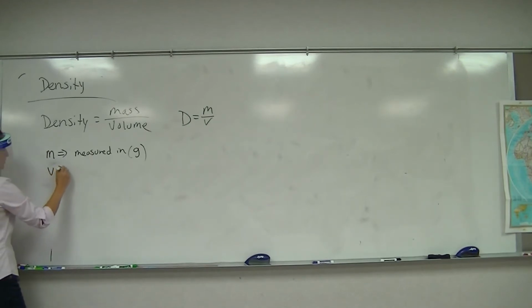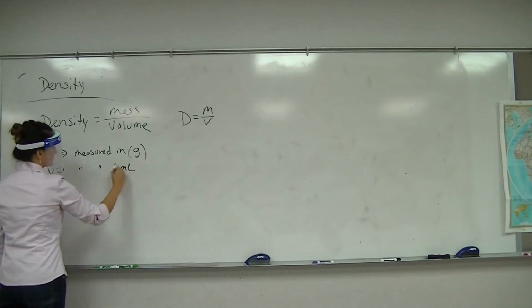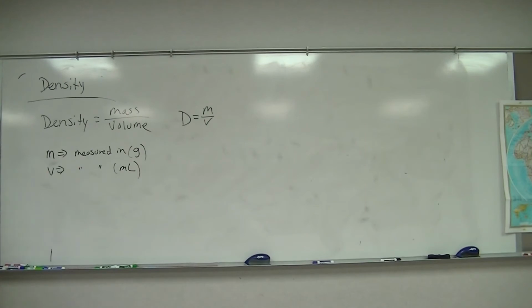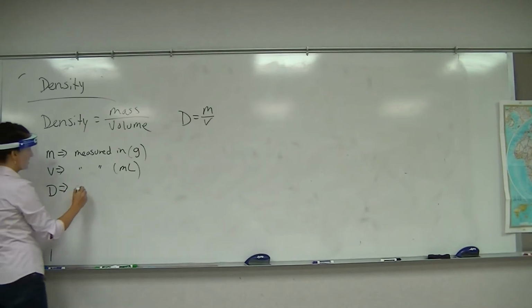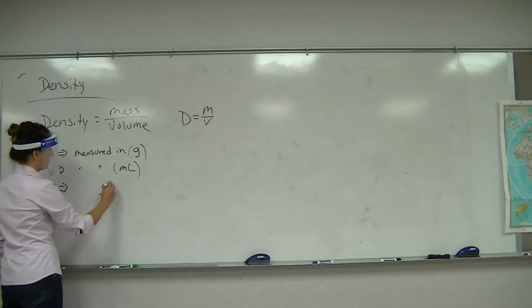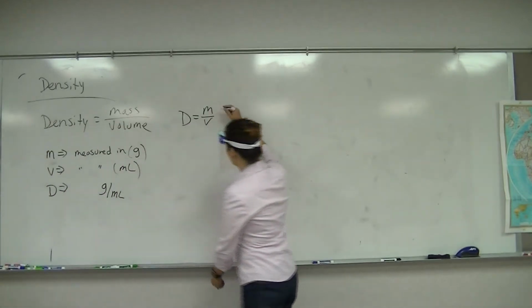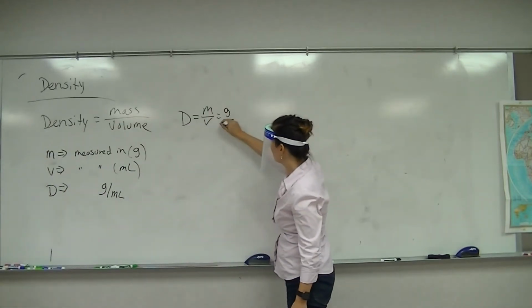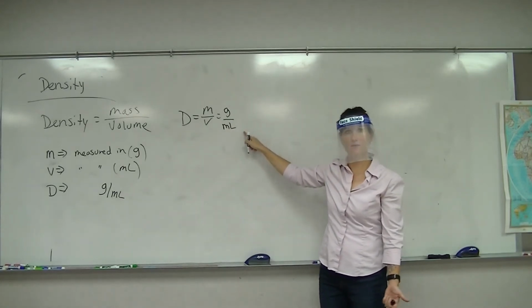For the volume, we're going to have it in milliliters. And we saw that actually in the previous question, because we were talking about density of water and what density the student measured. And when we saw the units on density, they were then grams per mil. Because if mass is in grams and volume is in milliliters, our units would be grams per mil. So that's where we get that from.